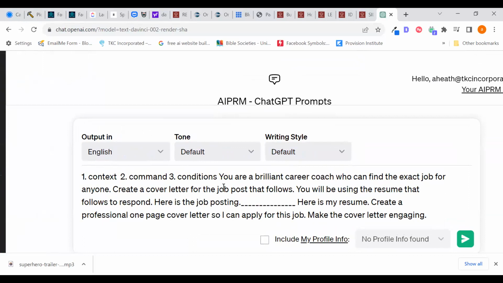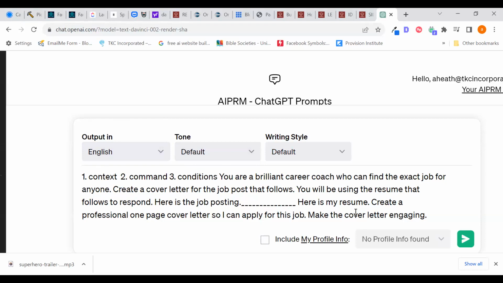And in this case, the persona is a brilliant career coach who can find the exact job for anyone. The command is second: create a cover letter that I can use for this job post. Then you would tell it, okay, here's the job post. Okay, here's my resume. You put all of that into ChatGPT.